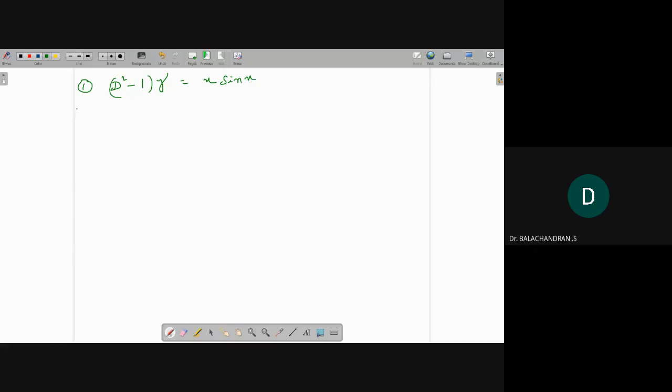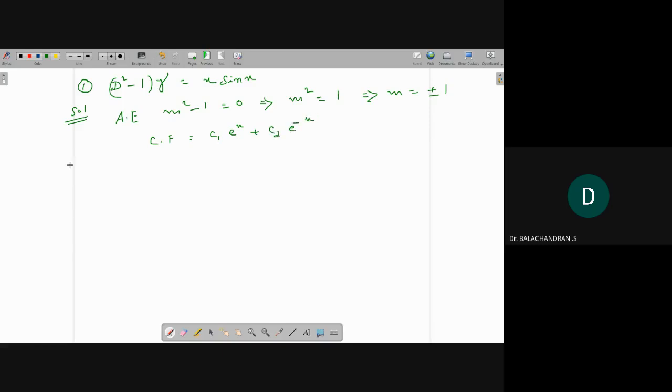Now the auxiliary equation is m square minus 1 equal to 0. So m square equals 1, which implies m equals plus or minus 1. So CF is equal to C1 into e power x plus C2 into e power minus x.